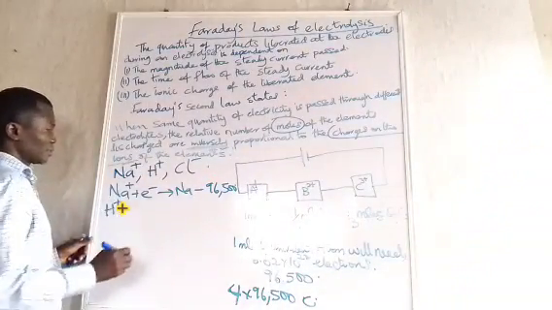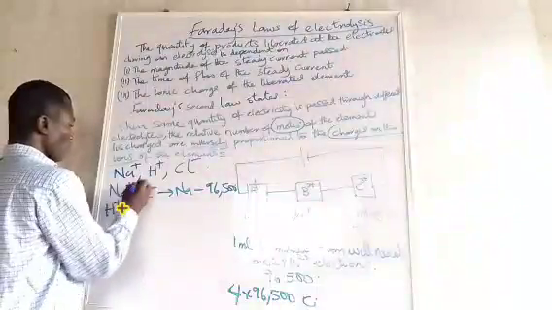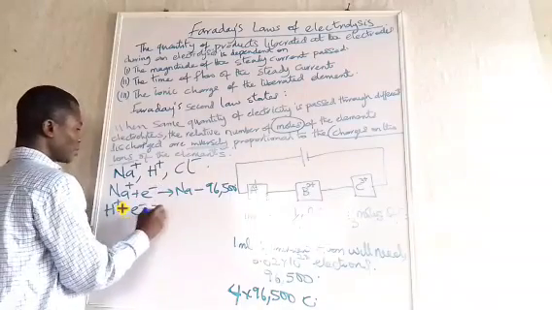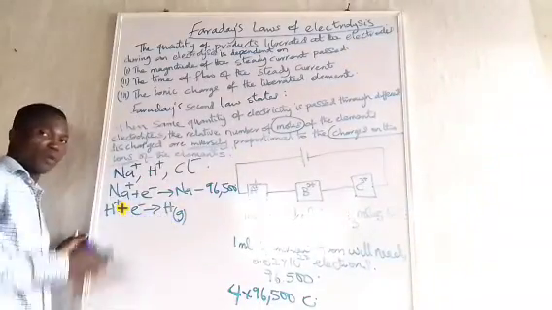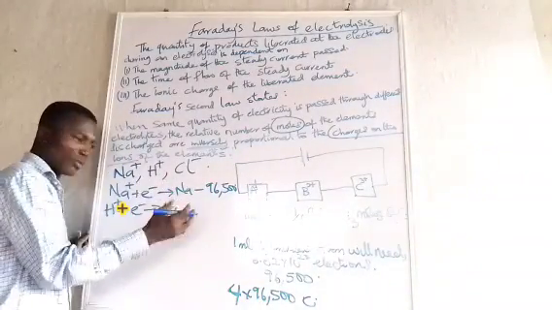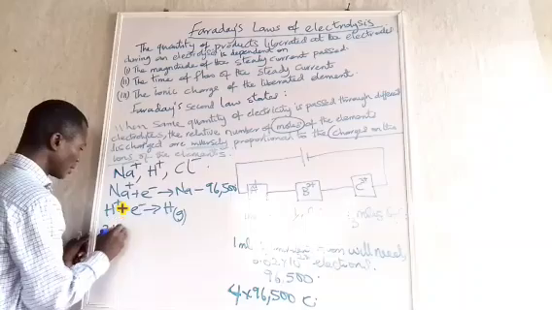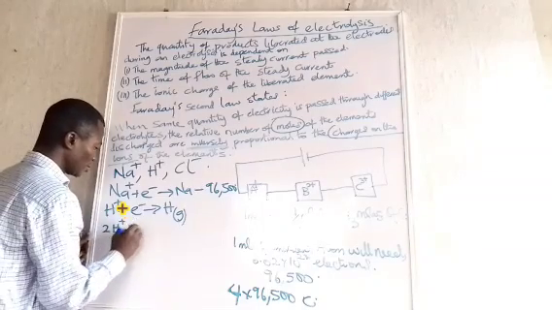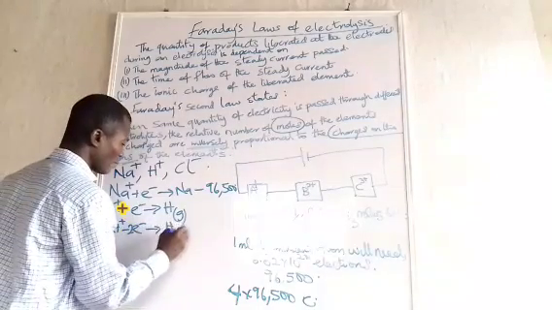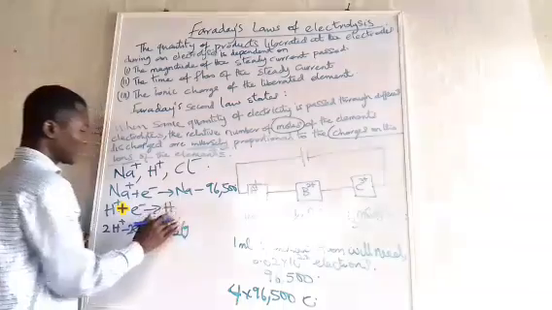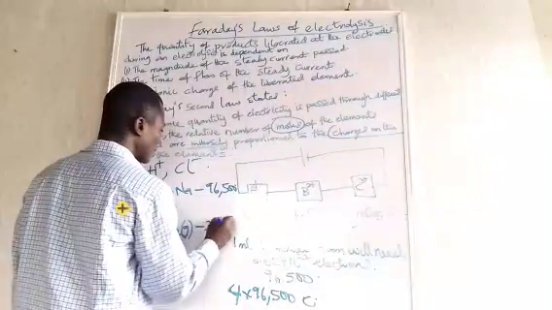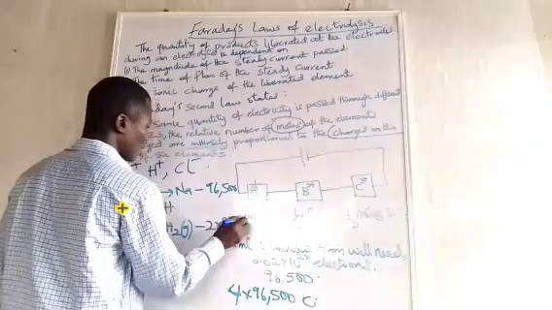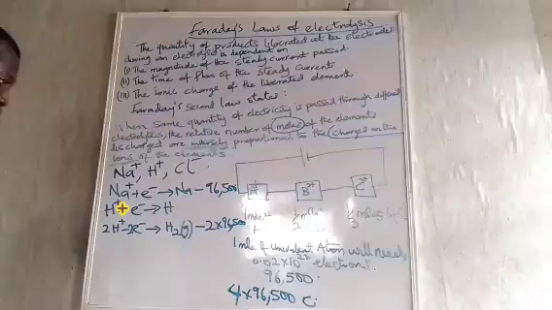If this is H+, I'm going to have H. This is not complete. I will need another H for this one to exist. For me to have 1 mole, I'm going to have 2H+ plus 2e- to give me H2 gas. This is where H2 gas can exist. So it will need 2 times 96500 quantity of electricity, coulomb.